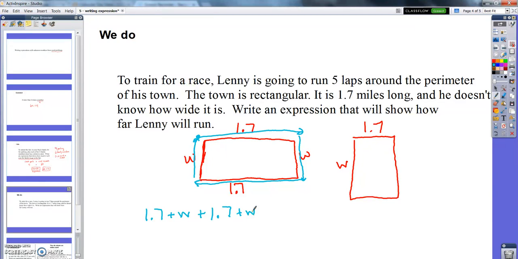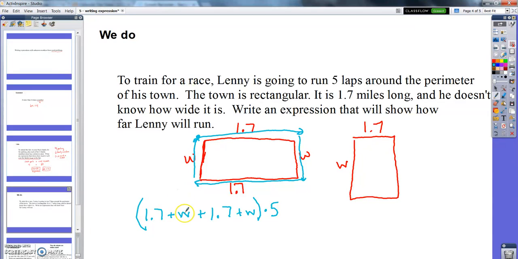So Lenny's going to do that, but he's going to do all of that 5 times. He's not just going to do that once, he's going to do it 5 times. I don't want to just keep writing this 5 times. So what I'm going to say is I want to take all of that whole thing, and I want to multiply that by 5.